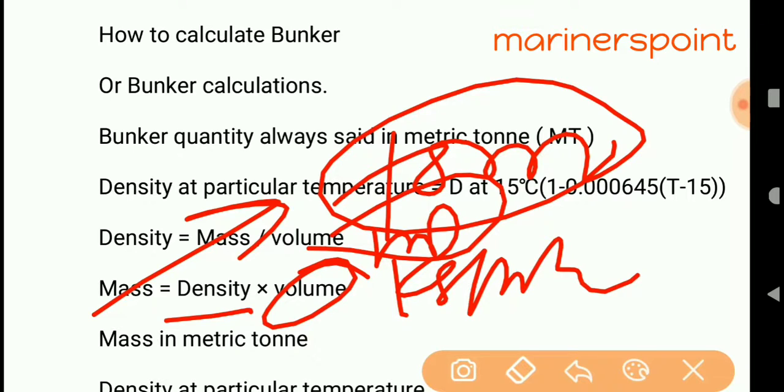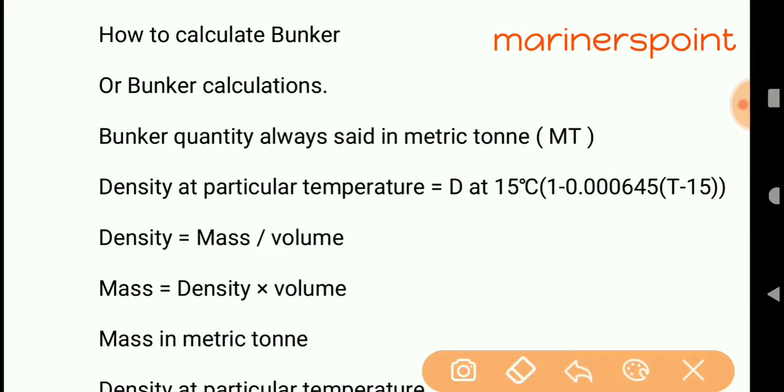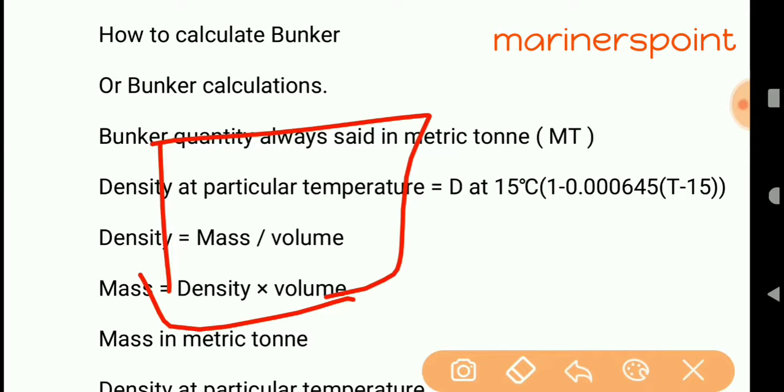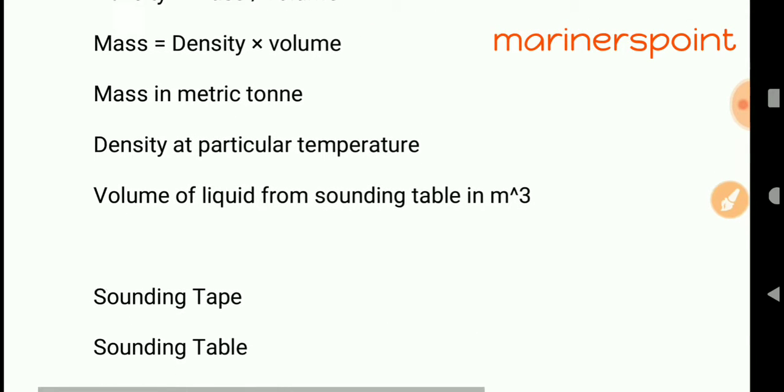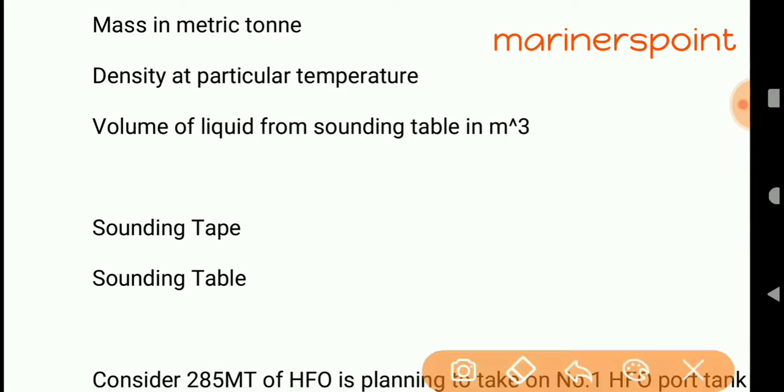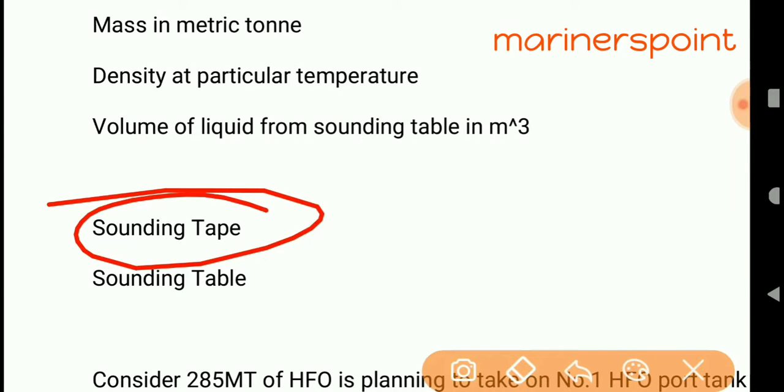So first I want to explain that there is a tank for bunker. Then how can you know the volume? To know the volume, you have a special type of book called the sounding table, sounding book. And to take sounding, you need a sounding tape.